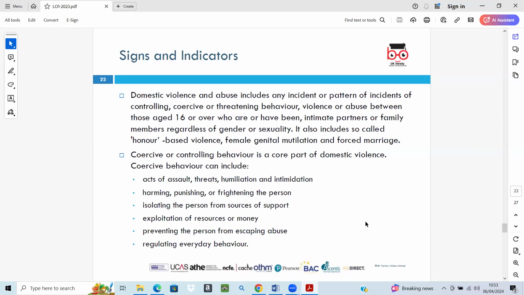It includes so-called honor-based violence, female genital mutilation, and forced marriages. Again, there are many signs and indicators which we need to consider, and these sorts of problems or abuse are followed in many cultures and countries. So we need to look for the signs and indicators.